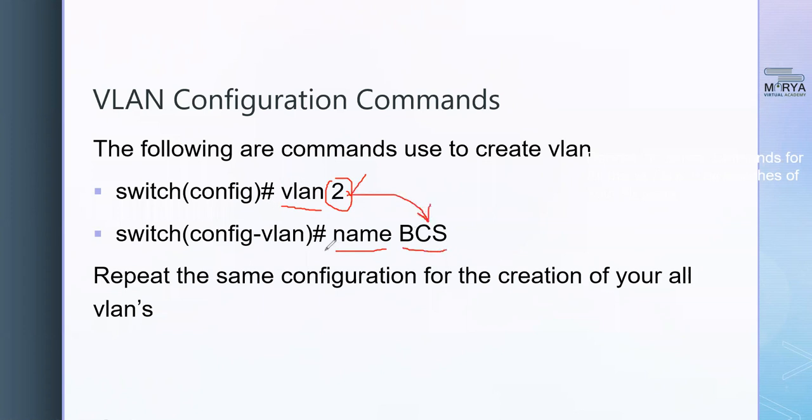So two commands will be used to create a VLAN: the vlan command and the name command. You should remember that the vlan command should be run in global configuration mode, and the name command should be run in VLAN mode. Repeat the same configuration commands for the creation of all the other VLANs. So let's develop our topology.